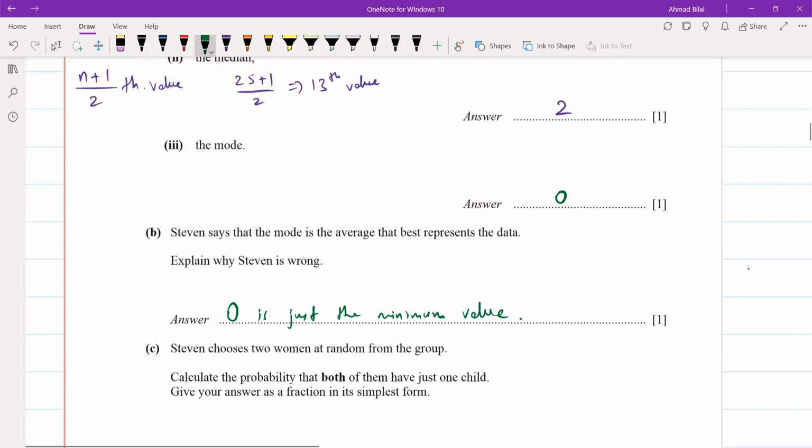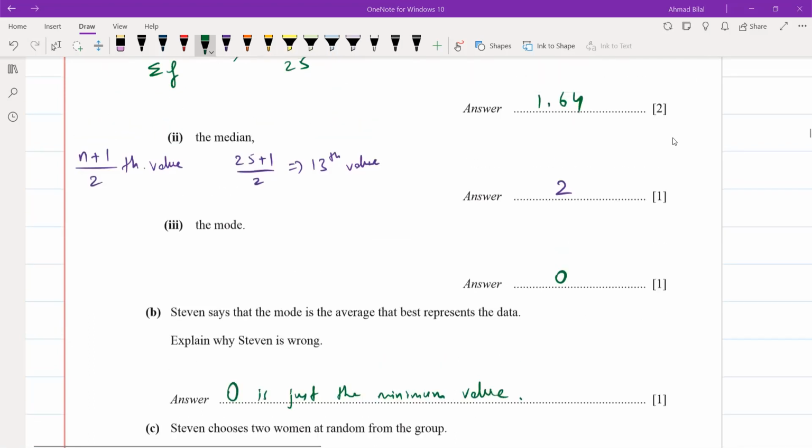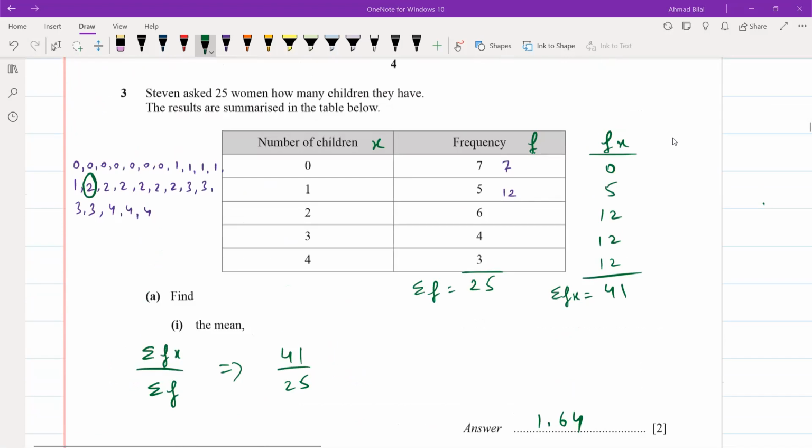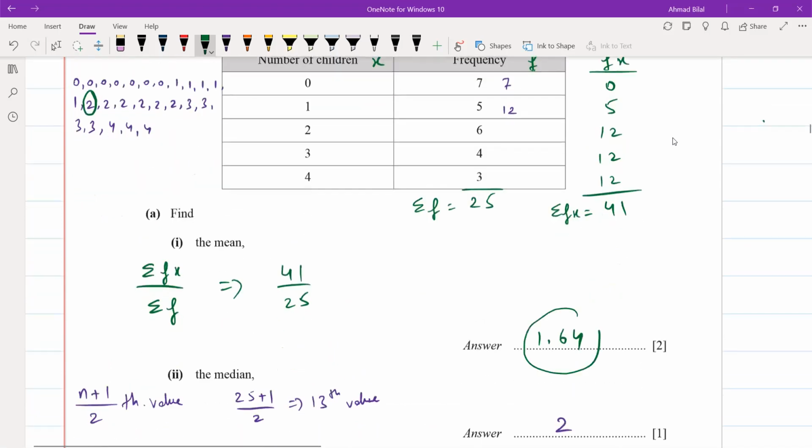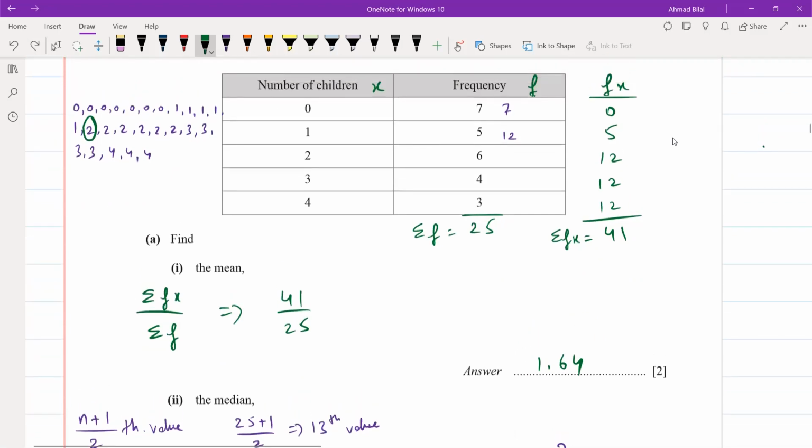So that's why he is wrong कि वो तो आपको least value बता रहा है. Average आपको बताती है कोई central number, right? Mean भी आप calculate करते हो. It's some number somewhere in the middle. Not exactly in the middle, but somewhere in the middle.